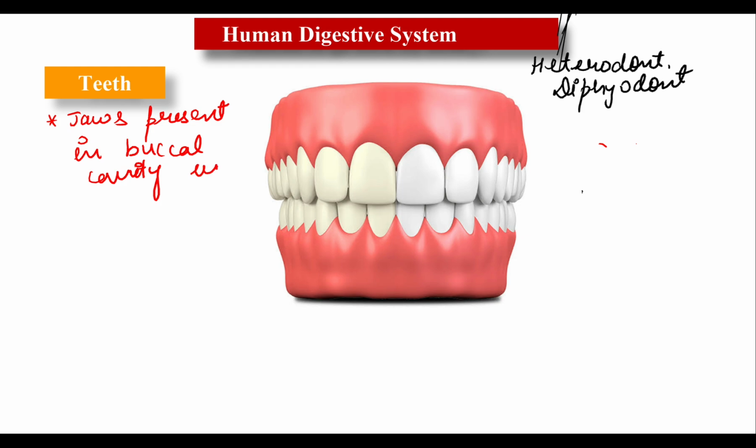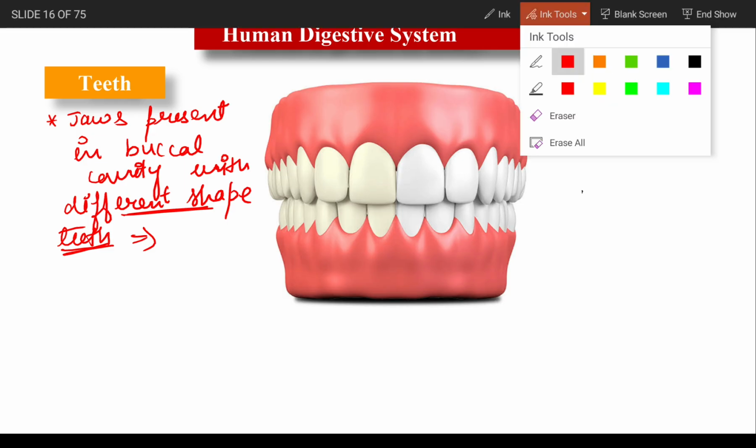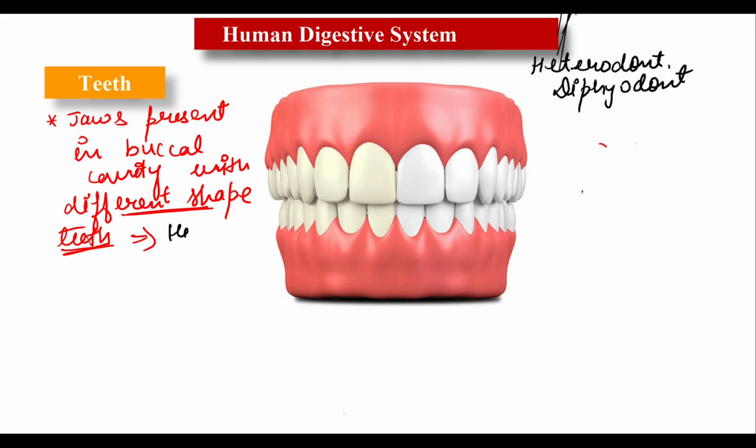Different shapes of teeth, that is known as heterodont. Hetero means different. So different types of teeth present is known as heterodont.